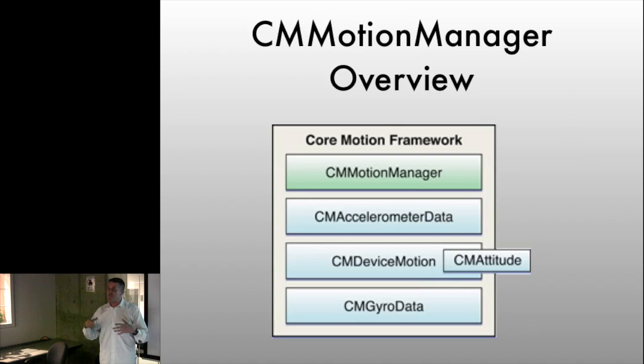On top of that, you've got the accelerometer data that fuses even more of it and provides another level of abstraction. And then you have the Motion Manager on top of that. We'll peek under the hood and talk about some of these pieces. We won't go completely in depth with it. This is just to give you a broad overview of some of the things that you can do with the Motion Manager.